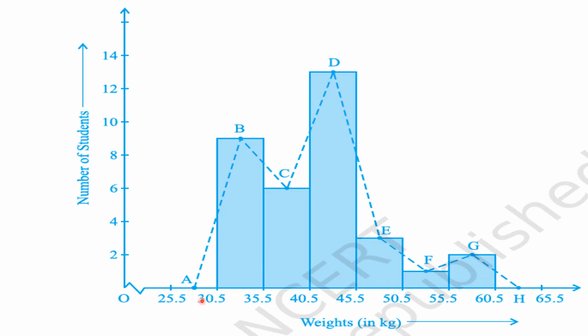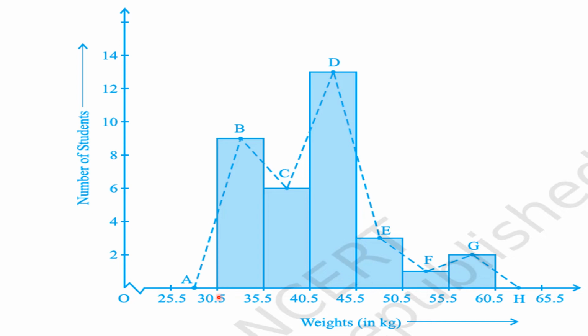Here, the class intervals start with 30.5, so here we have given a break on the x-axis. Do you remember this point mentioned? If the class intervals do not start with 0, we have to give a gap, and near the origin on the x-axis, we have to give a break line like this.